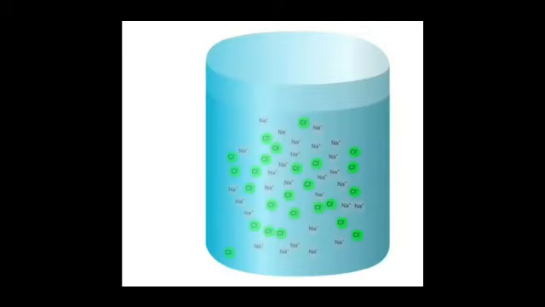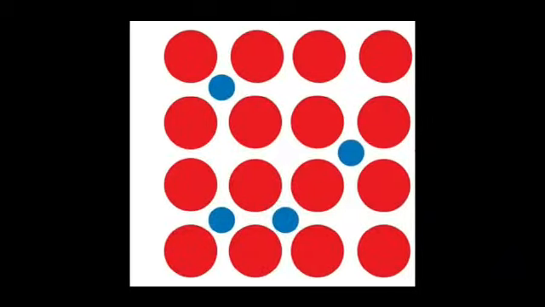So the solution will contain both salt and water. In the same way, imagine that the red dots are the major metals and we are going to add another metal or non-metallic elements into it, represented by blue dots. This is said to be an alloy.